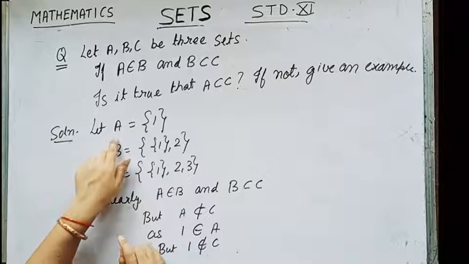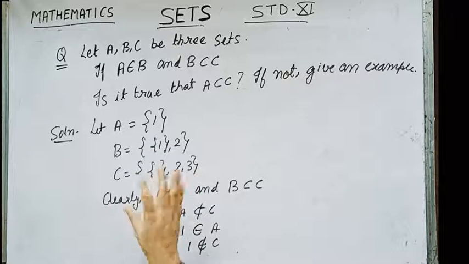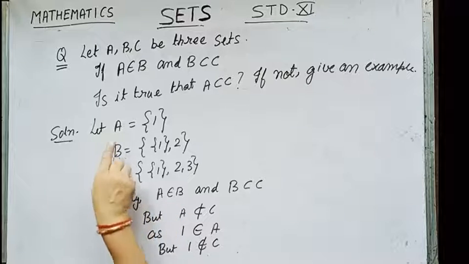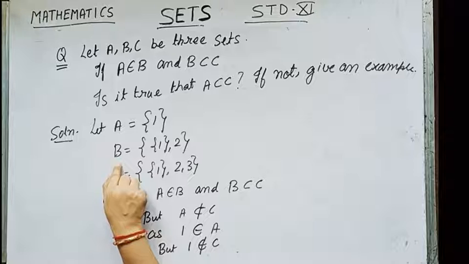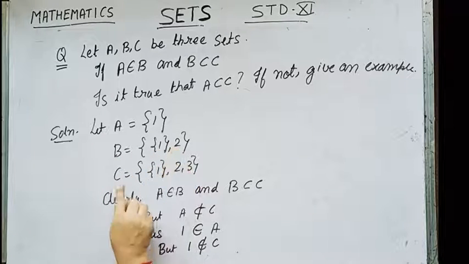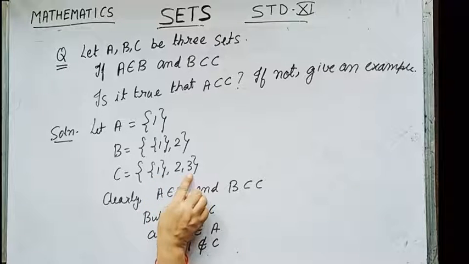I have taken a set A; always take the simplest examples. Don't take a large number of elements in the example set which you are taking. So set A is equal to, suppose, the set containing 1. Set B is equal to the set containing 1 and 2, and C is equal to the set containing 1, 2 and 3.